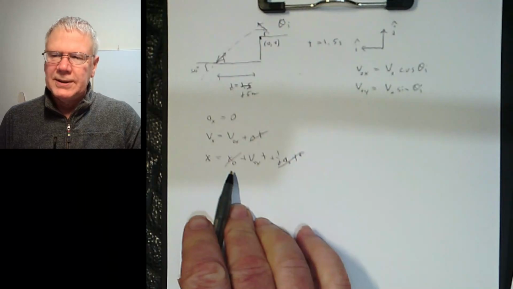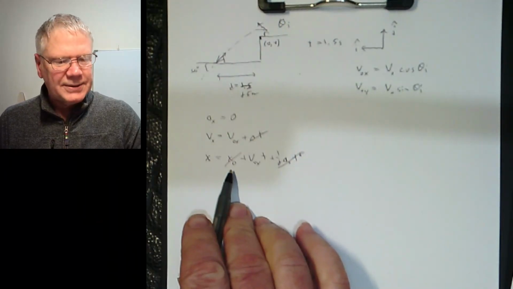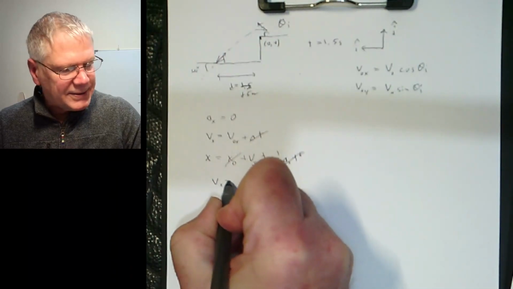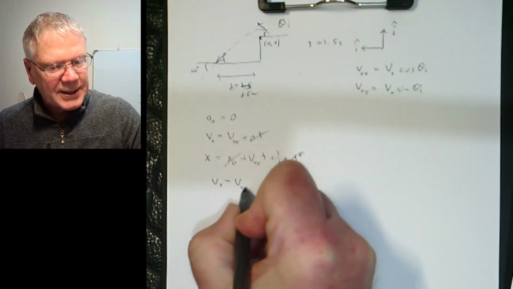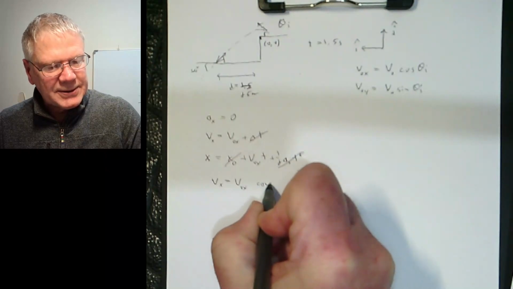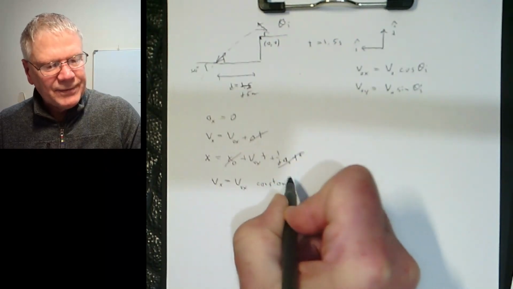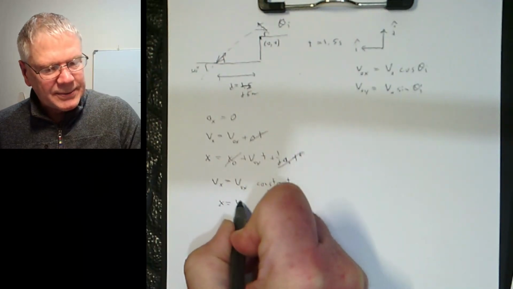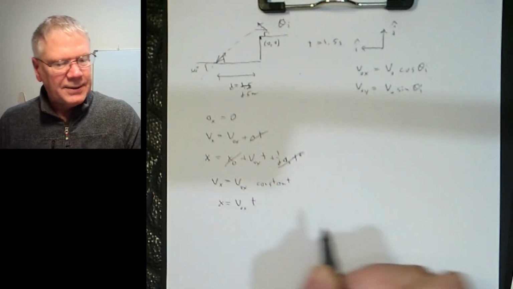If I put the origin somewhere else, that might not be 0. So again, I have Vx is equal to V0x, and that's constant, but I don't know what it is. And x is going to equal whatever that is times the time.